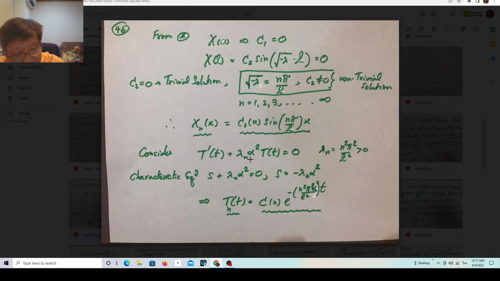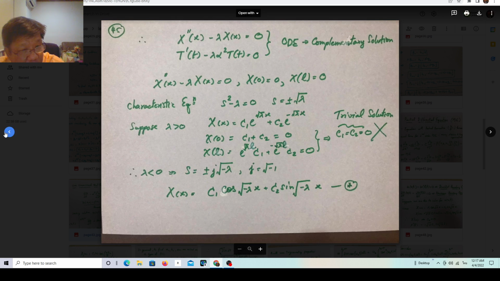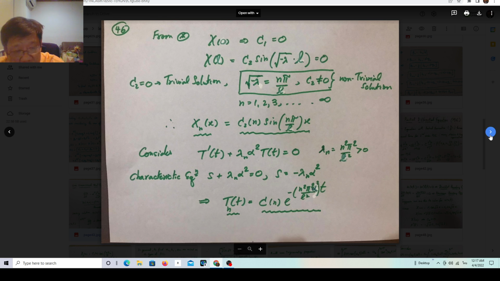So from the characteristic equation point of view, when you try to find the root of the polynomial, in this case it's only one root because it's a first order problem. The first equation is a second order problem, the second is a first order problem. So this becomes s because of first order, plus the coefficient multiplying the zero order, so you get lambda n divided by alpha squared, and lambda n is here.